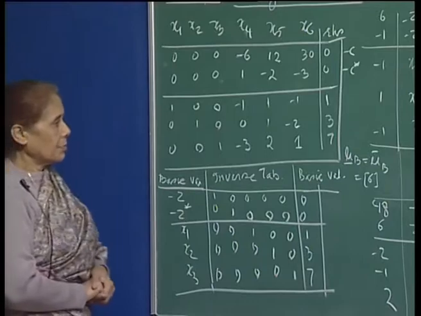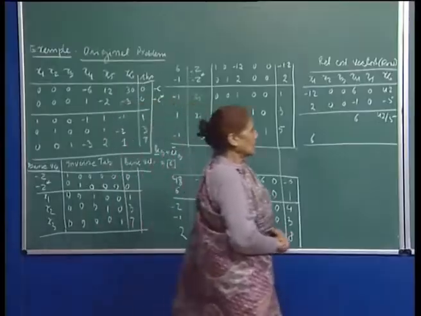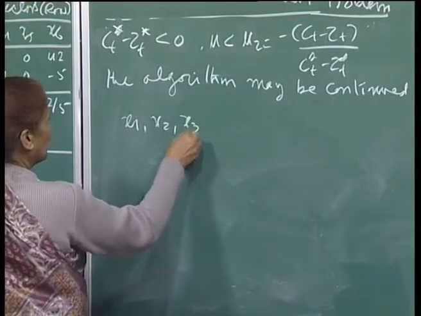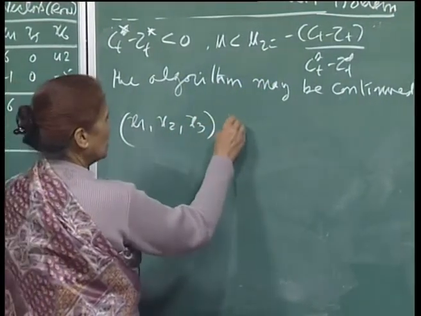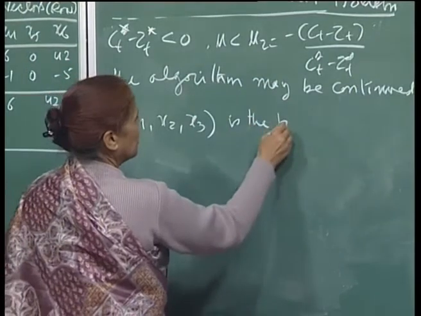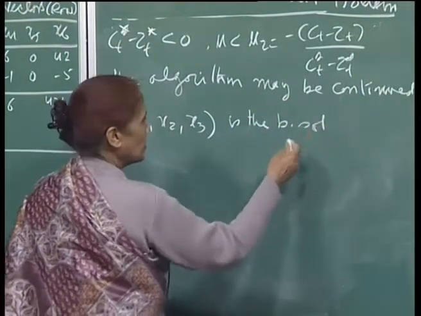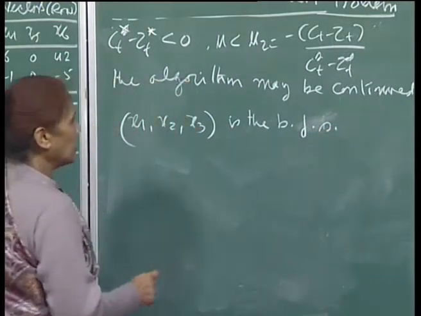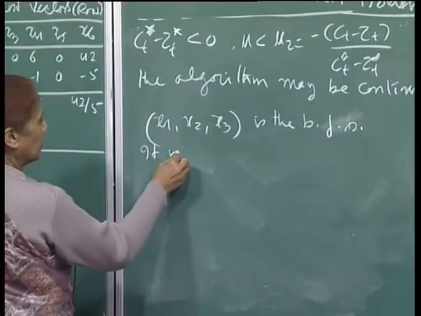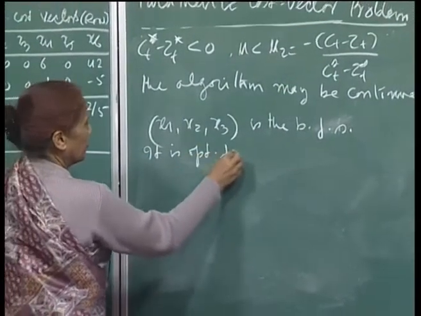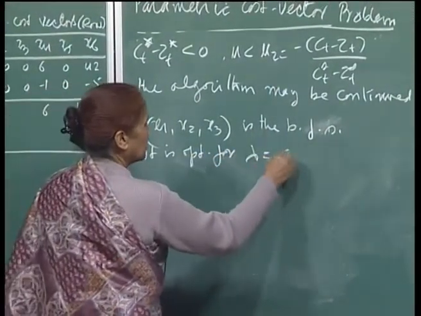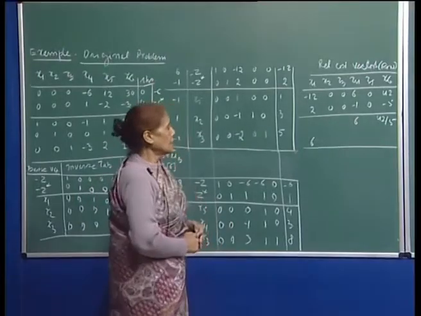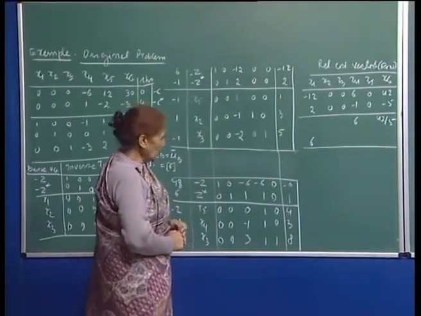That means x1, x2, x3 is the basic feasible solution, and it is optimal for lambda equal to 6. So, I did not have to do any extra effort to compute the starting basis.